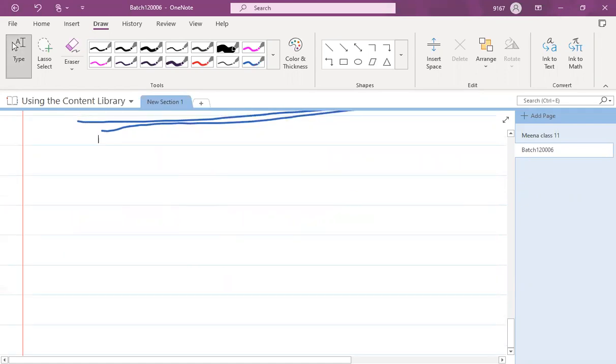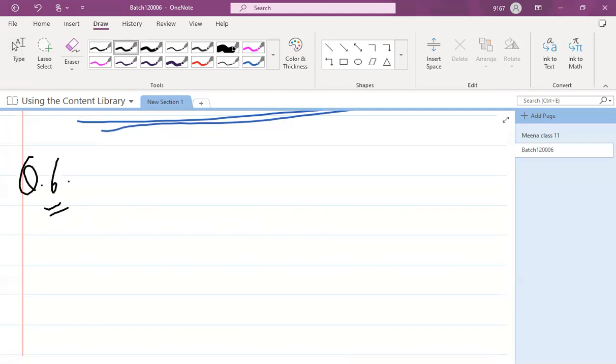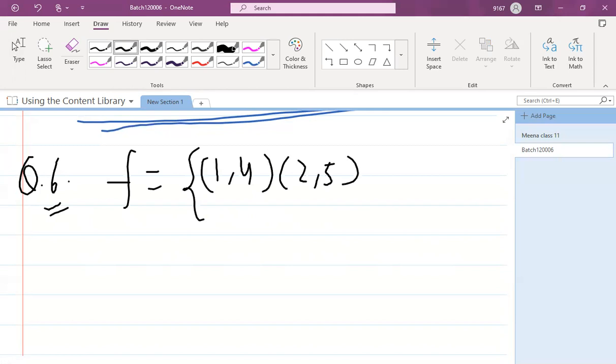Question number 6. Let A equals {1, 2, 3}, B equals {4, 5, 6, 7}, and let f equal {(1, 4), (2, 5), (3, 6)} be a function from A to B. Show that f is one-one.